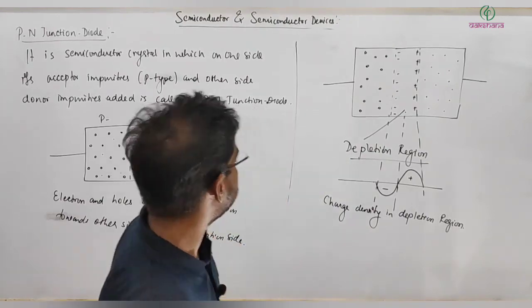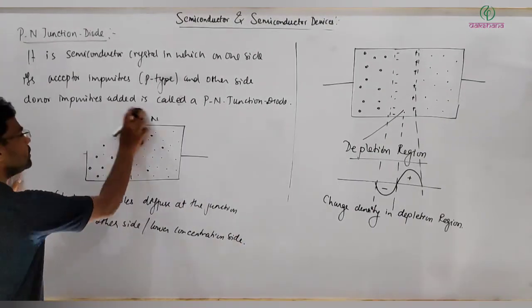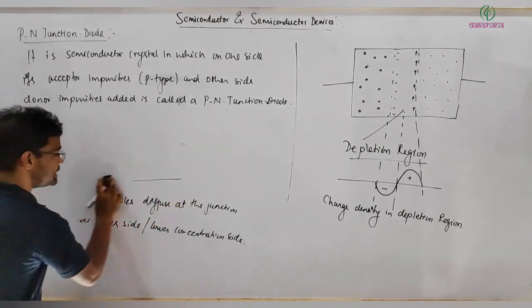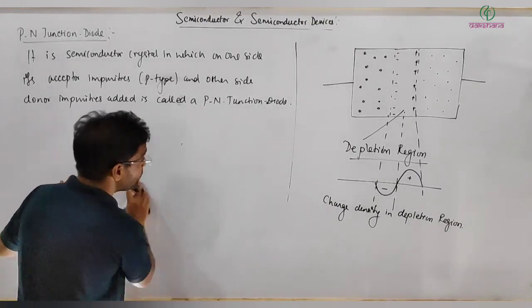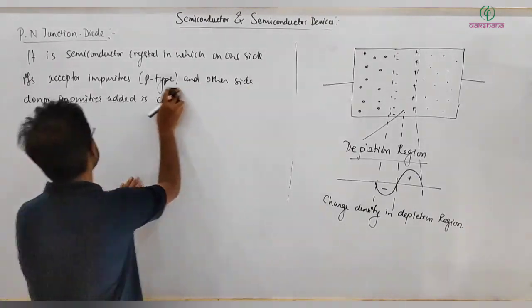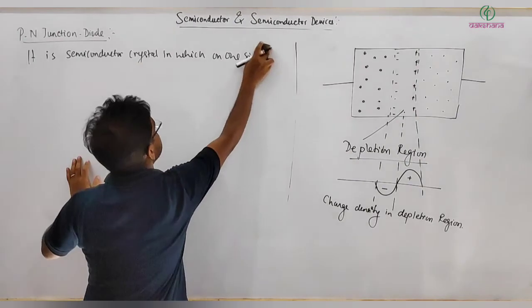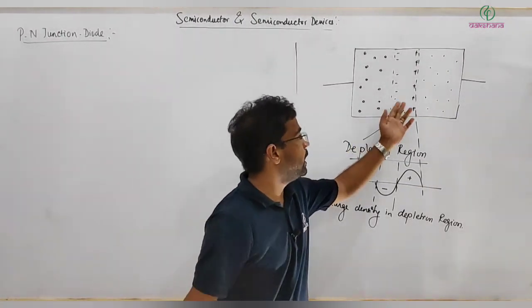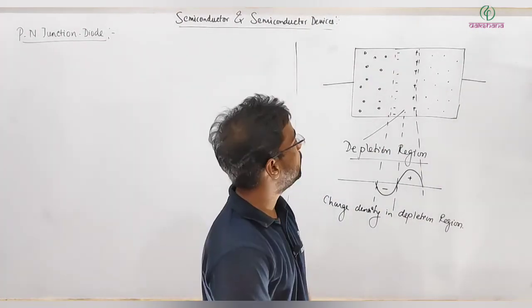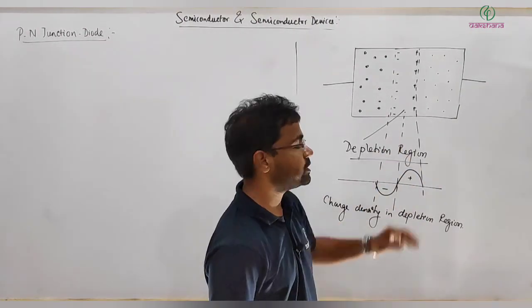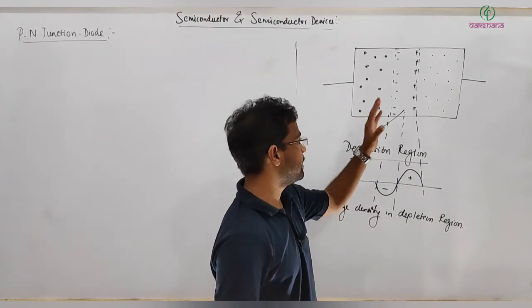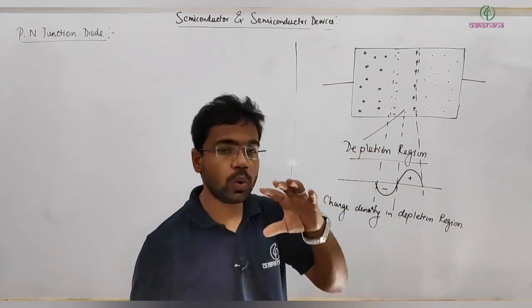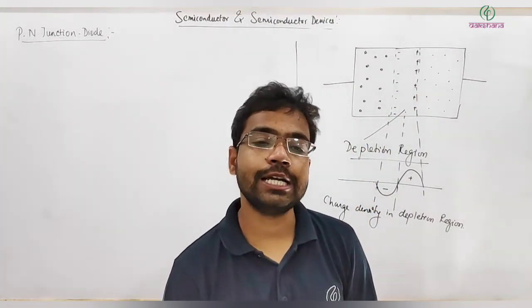So let's talk more about the depletion region. First, what is the depletion region? You must be clear with that term. The depletion region is a region in the middle, at the center of the p-n junction, where there is no majority charge carrier.